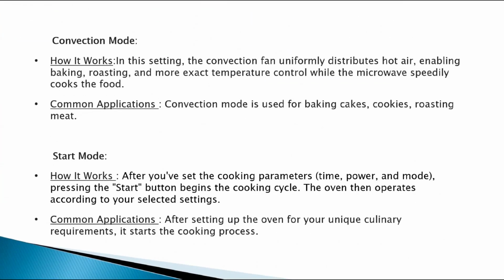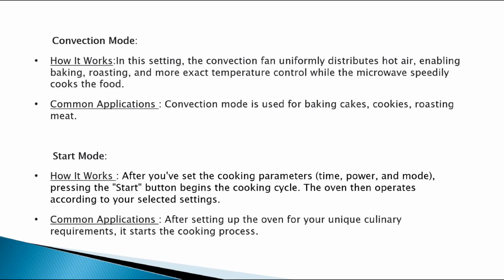Onto the convection mode. In this mode, the convection fan uniformly distributes hot air, enabling baking, roasting, and more exact temperature control, while the microwave speedily cooks the food. Common applications of this mode are baking cakes, cookies, roasting dense meat, etc.